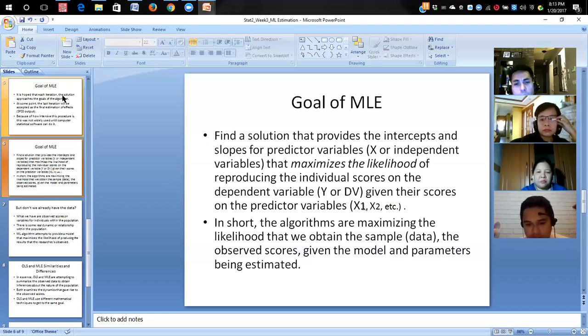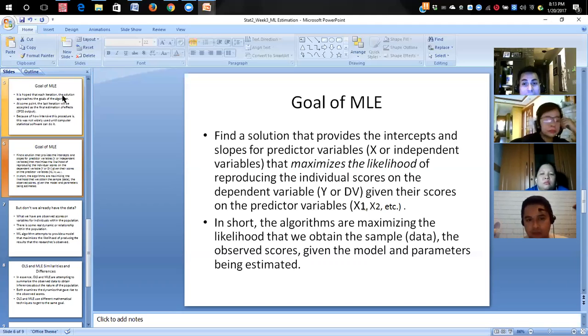So in short, as I mentioned, maximum likelihood estimation uses an algorithm. The algorithms are maximizing the likelihood that we obtain the data, what we get from the sample, the observed score, given the model and the parameters being estimated. And what are the parameters again in maximum likelihood?